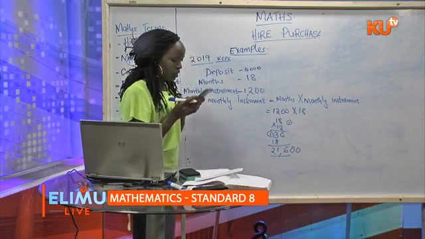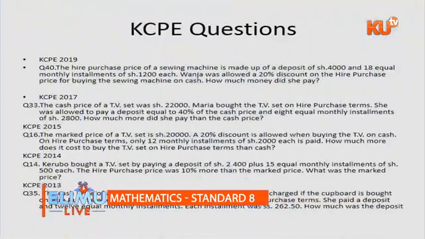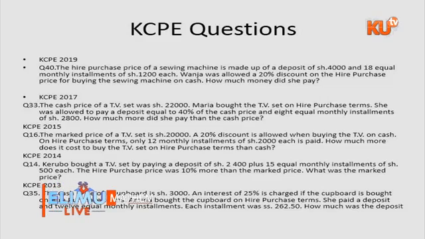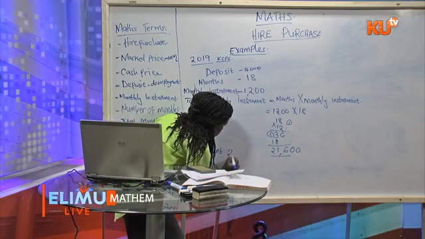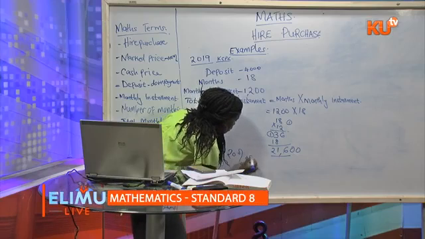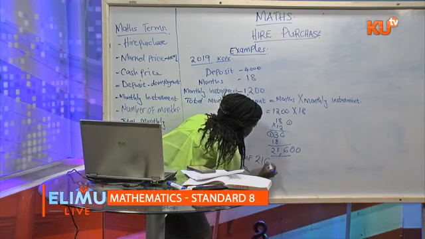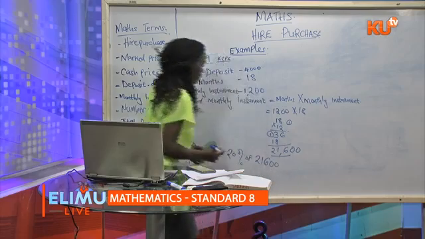We continue with our question. It says that Wanja was allowed a 20% discount on the hire purchase. So a discount was given on the hire purchase, which was 20%. It is 20% of the hire purchase, which was 21,600.